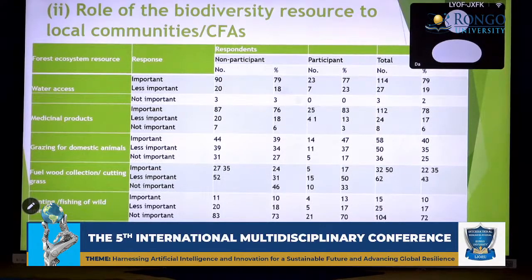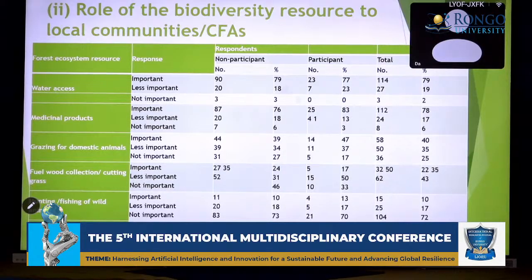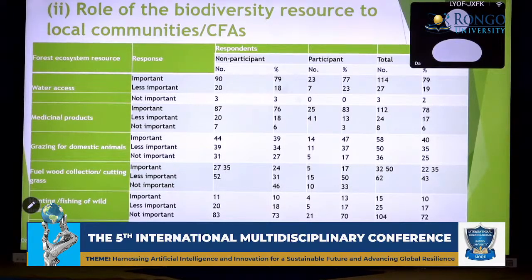We looked at the forest ecosystem resource itself. We looked at the access to water resources, medicinal plants. The grazing is a critical requirement because the communities around, particularly during dry season, graze in the forest because that is where they can find some last rush.